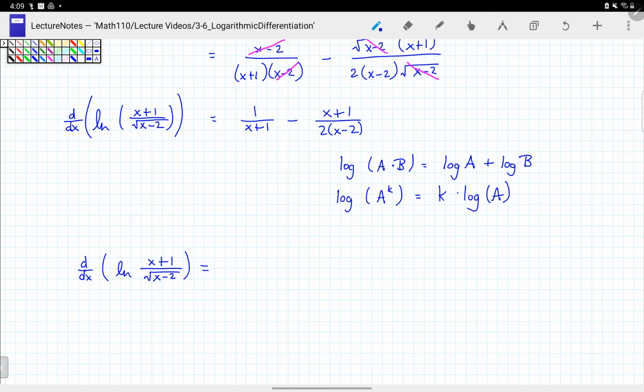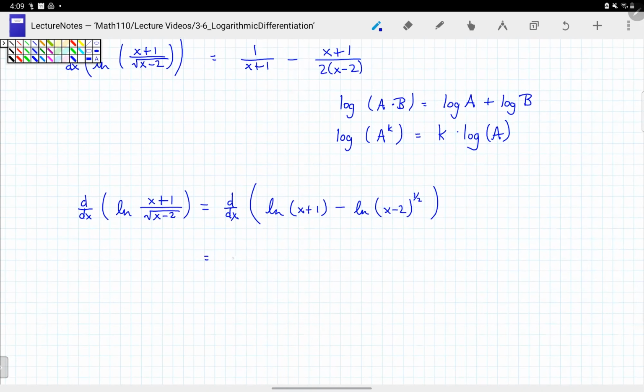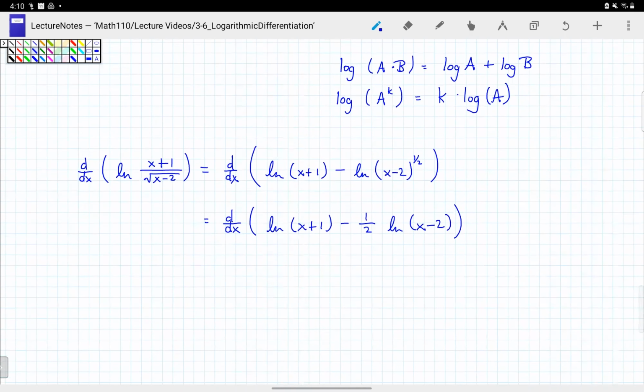And this becomes the derivative of the natural log of x plus 1 minus the natural log of, this is x minus 2 to the 1/2 power, right? Which is now the derivative of natural log of x plus 1 minus 1/2 times the natural log of x minus 2. Okay?